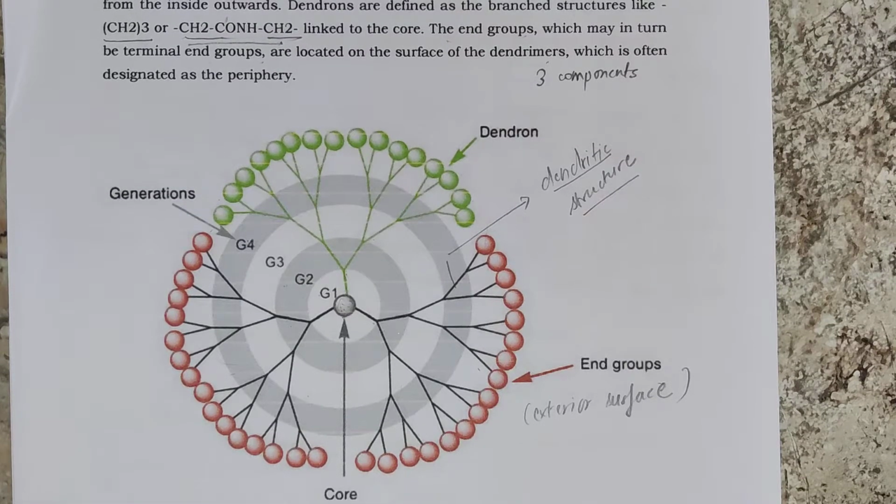And it should be easily removed from the body also, it should not accumulate in the body. So these are the properties that you will require in that particular dendrimer. So depending upon the requirement and use of the dendrimer, you will first decide the properties required, and then you design. Then you choose your components, what you will be using to synthesize that particular dendrimer. So in that way, it's done.